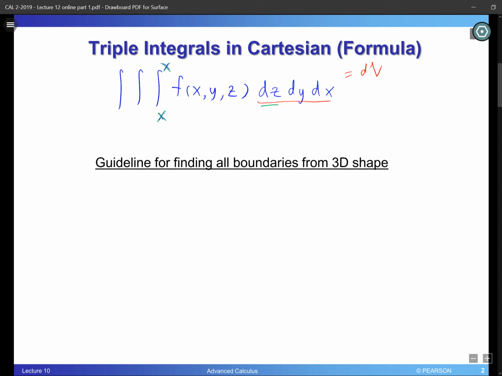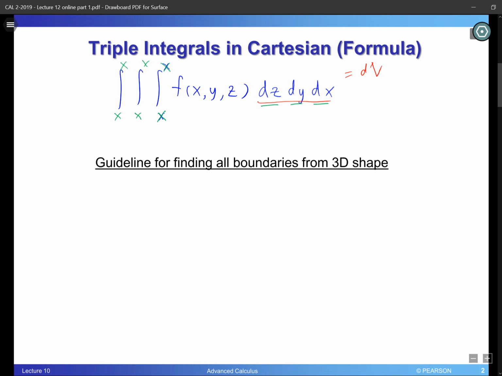After that, you integrate with respect to y, and you have to specify the boundaries for y right here. And after that, at the end, you have to integrate one more time with respect to x, and you have to know the boundaries for the x variable.